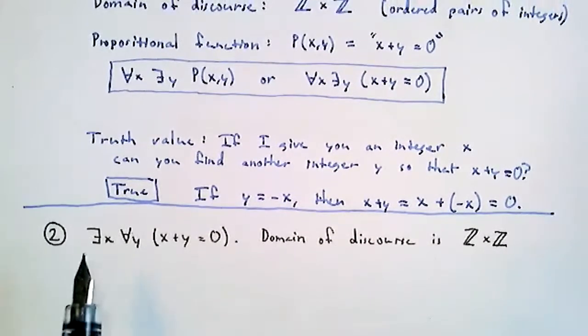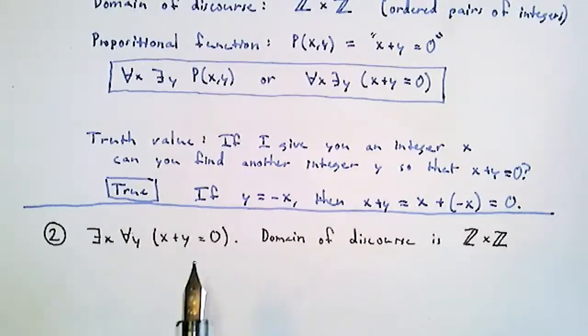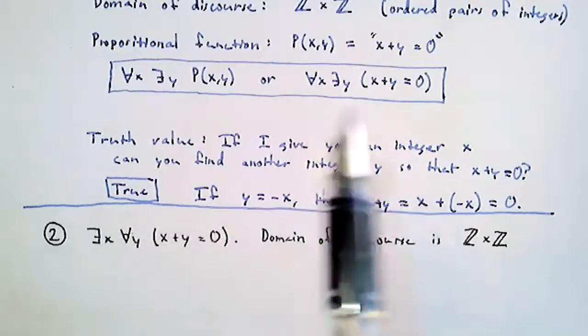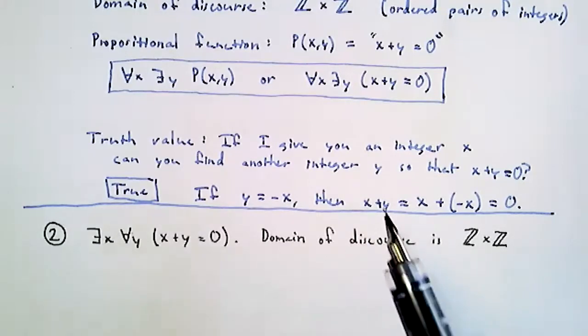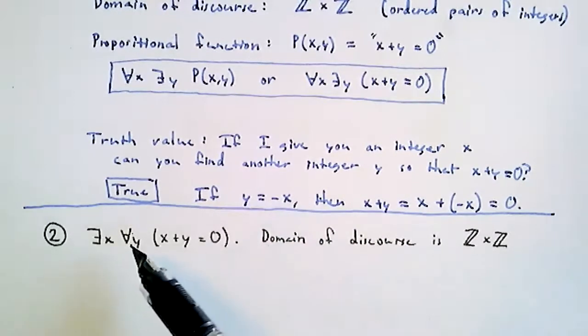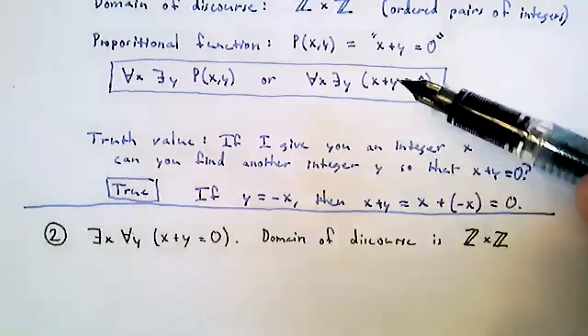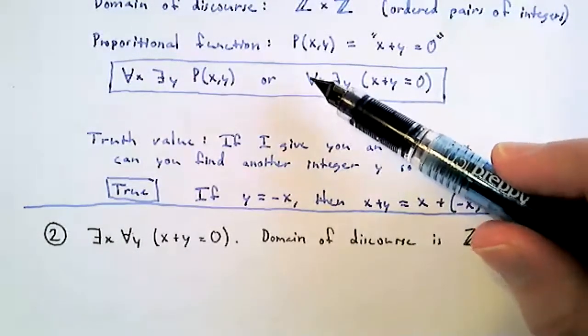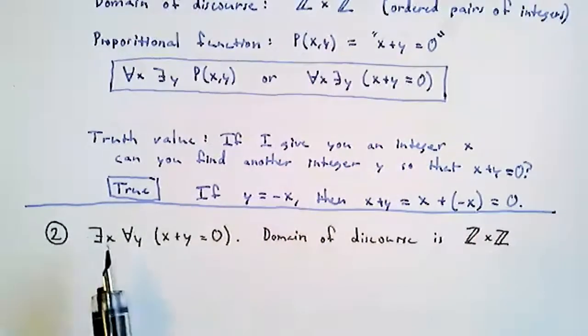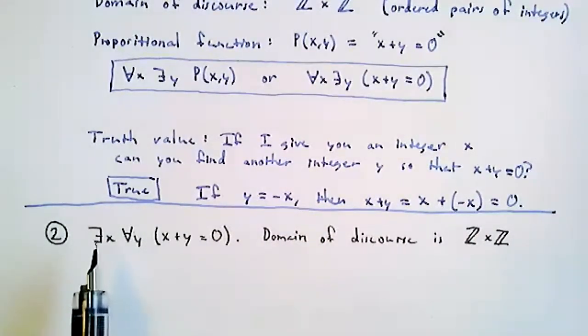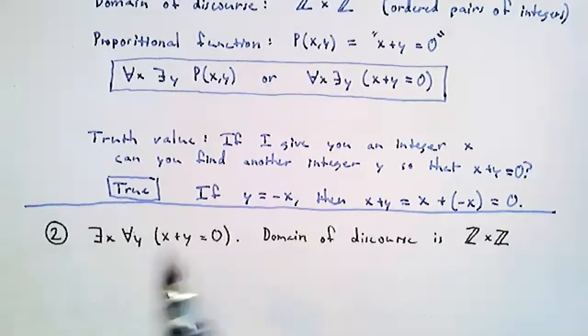So how does this one compare to the previous example, the one that I've boxed up here? The for all and there exists are switched. Right. So here we have the for all and there exists. And in this next example, we're starting with there exists, and then we have for all.